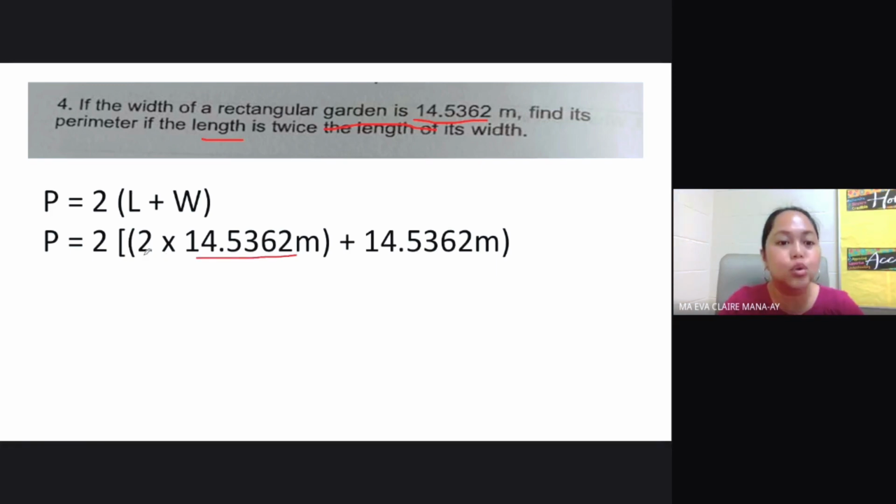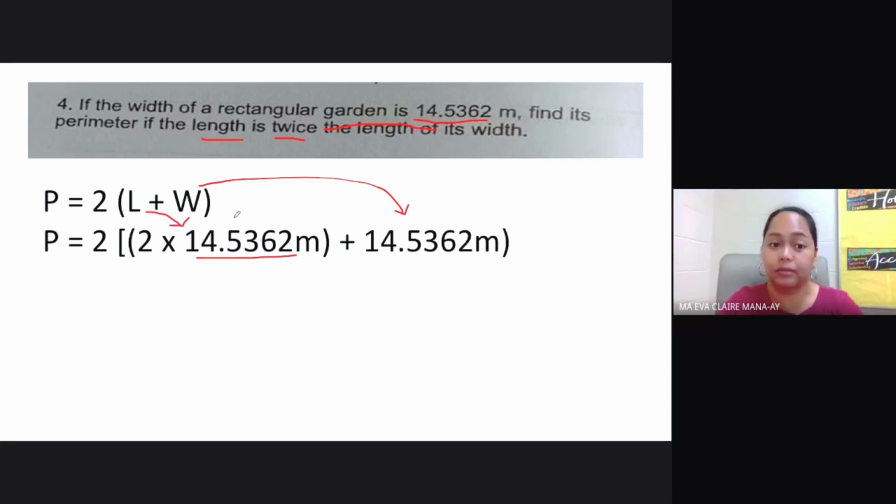Okay, so that's 2 times 14.5362 because we are told that the length is twice the width, plus 14.5362 meters, which is actually our width. Okay, so that is our width. Our length is said to be twice our width, and so we use this quantity here to get the value of our length.